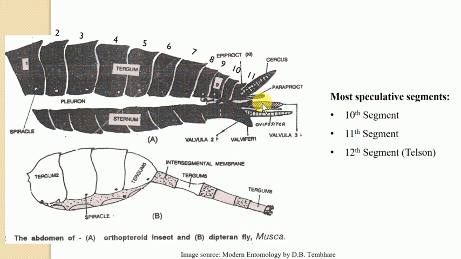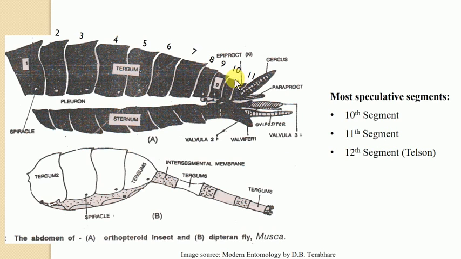So in this way, the abdomen of an insect generally contains 12 segments at embryonic development, but at the adult stage some insects show 10 segments, some show 11 segments, and some show 12 segments. So once again we can repeat.